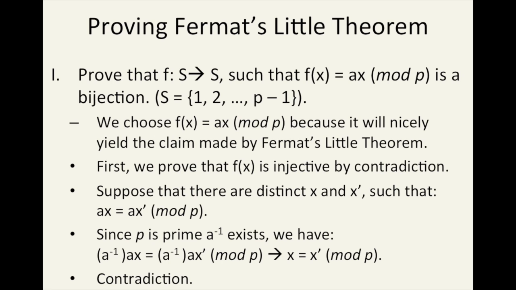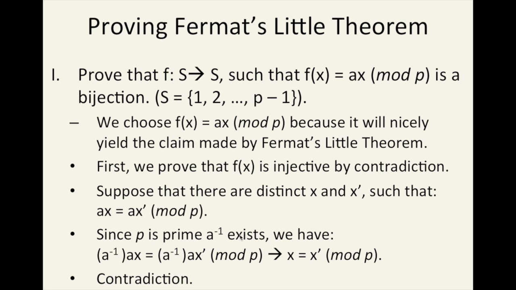Now, since we're in the world of mod p, and p is prime, a also has to have a multiplicative inverse. That means we can multiply both sides of ax equals ax prime mod p by a to the negative 1, do some algebra, and we find that x equals x prime. But right above we already said that x and x prime are supposed to be distinct.